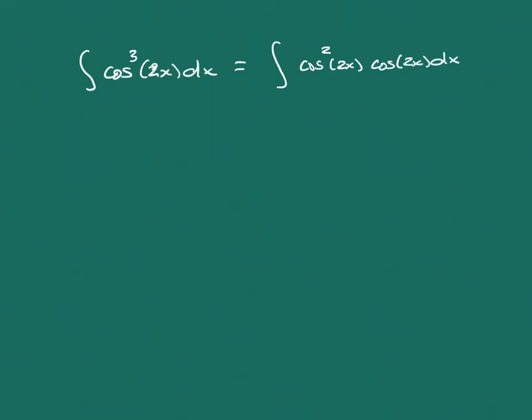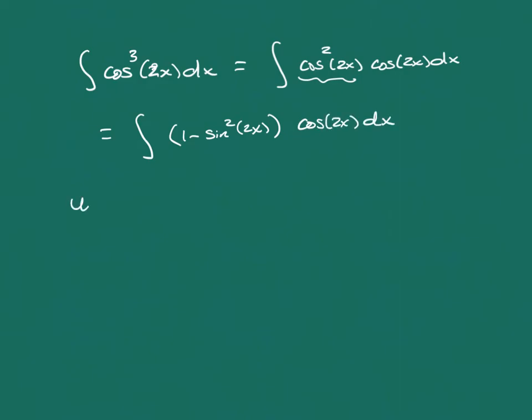And we were going to do a u substitution with u equal to sine. So if we then convert the remaining powers, that's going to give us the integral of 1 minus sine squared of 2x times the cosine of 2x dx.